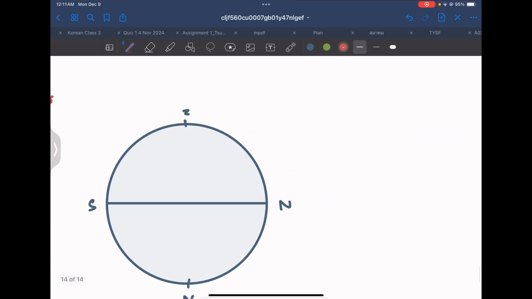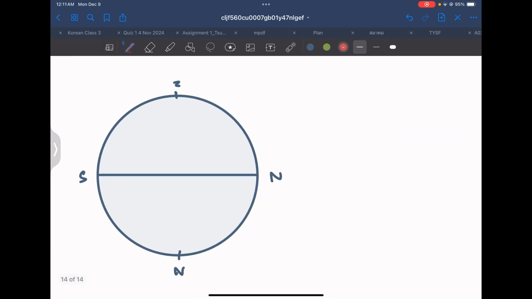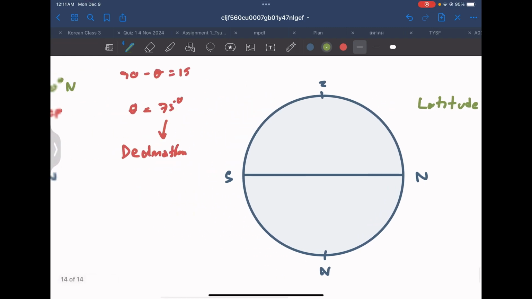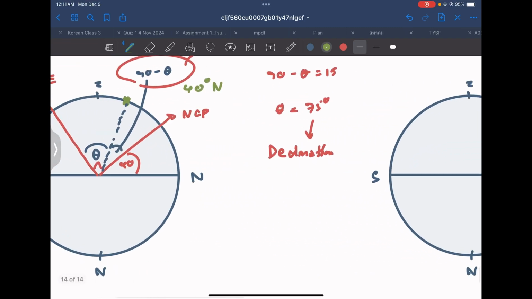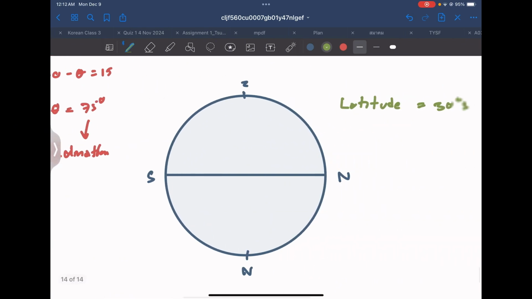Let's move to the second example. Given the latitude is maybe 30 degrees south, you can change the NCP to the SCP.